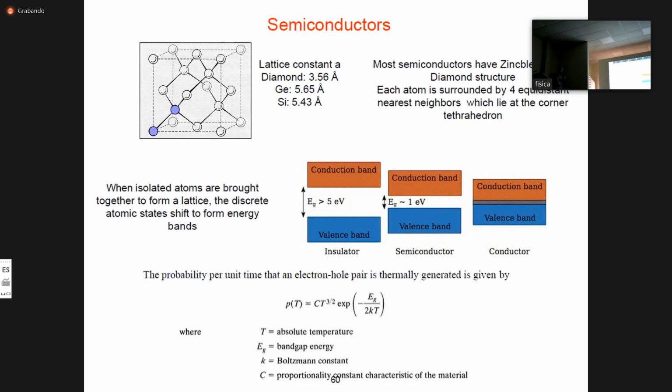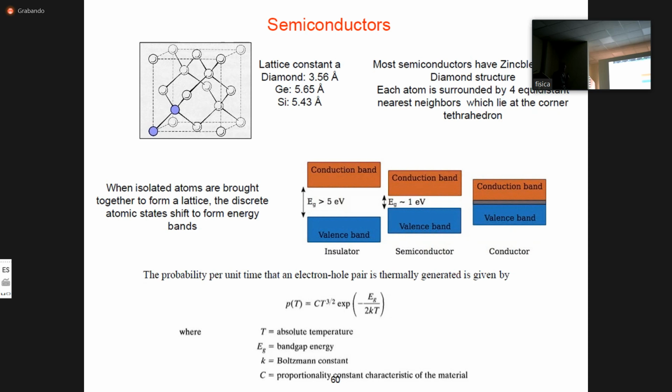For insulators, you have this width more than 5 electron volts. And why don't insulators conduct electricity? That's because this value is pretty high, and the process of conductivity starts happening when you have electrons from this valence band that can overcome this barrier and go to the conduction band.